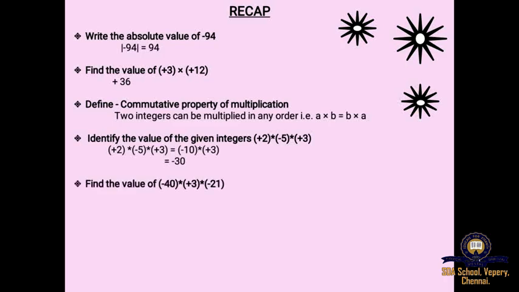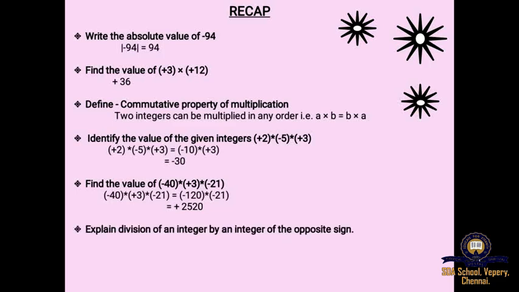Find the value of minus 40 into plus 3 into minus 21. Yes. So minus 40 into plus 3 is equal to minus 120 into minus 21. Minus 120 into minus 21 is equal to plus 2520. Explain division of an integer by another integer of the opposite sign.